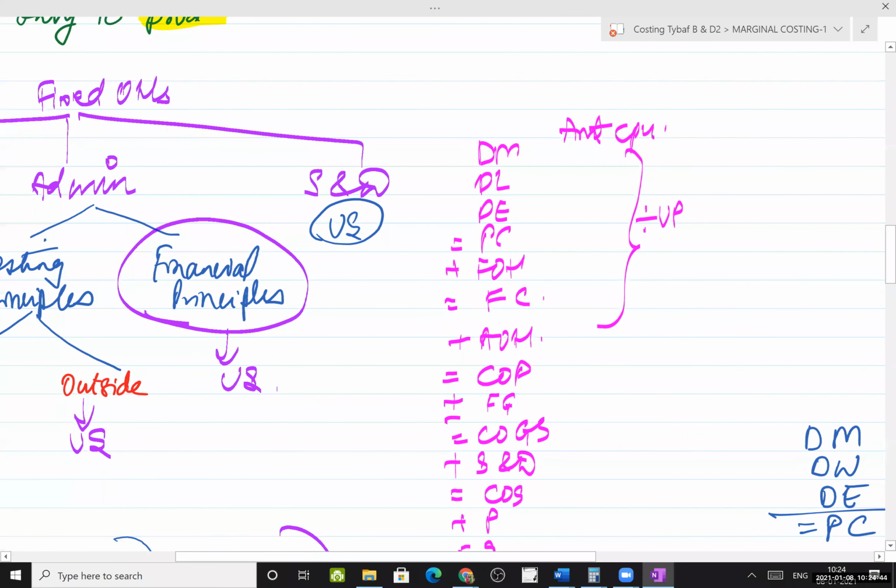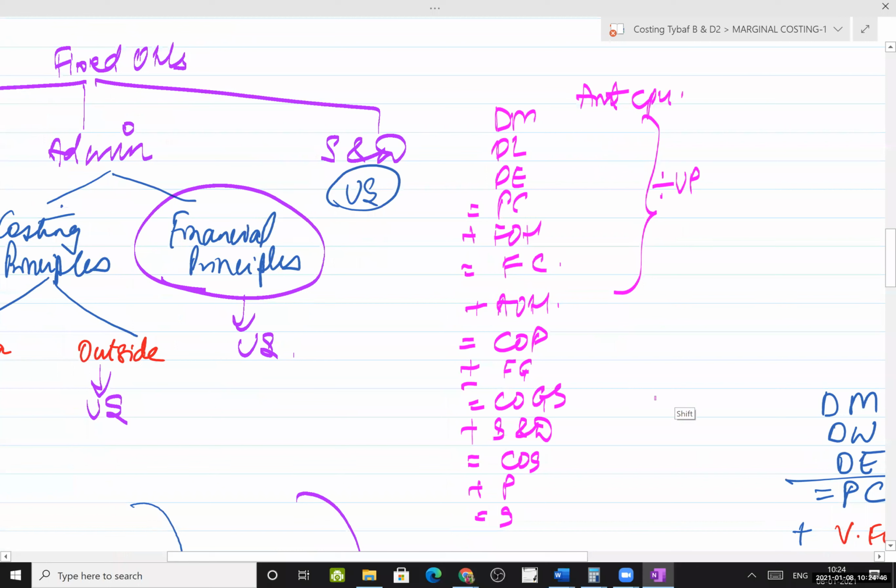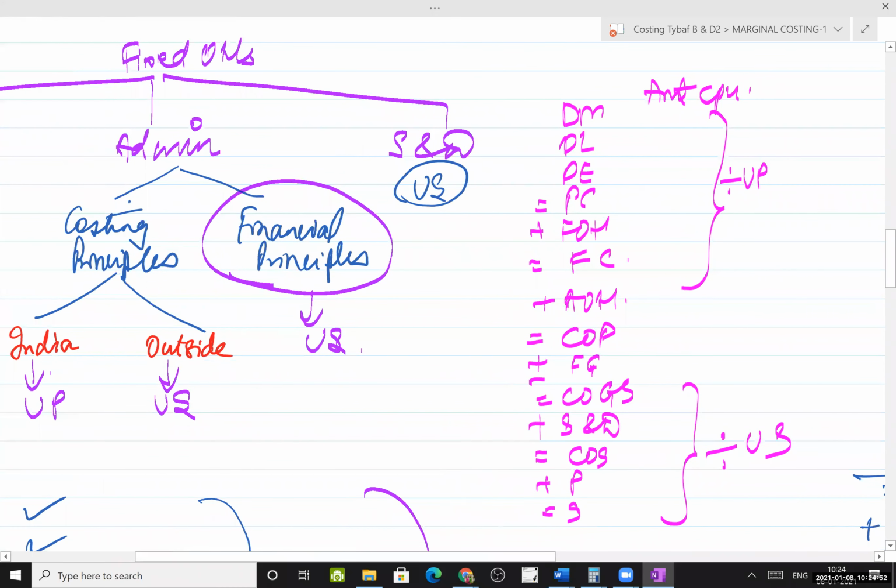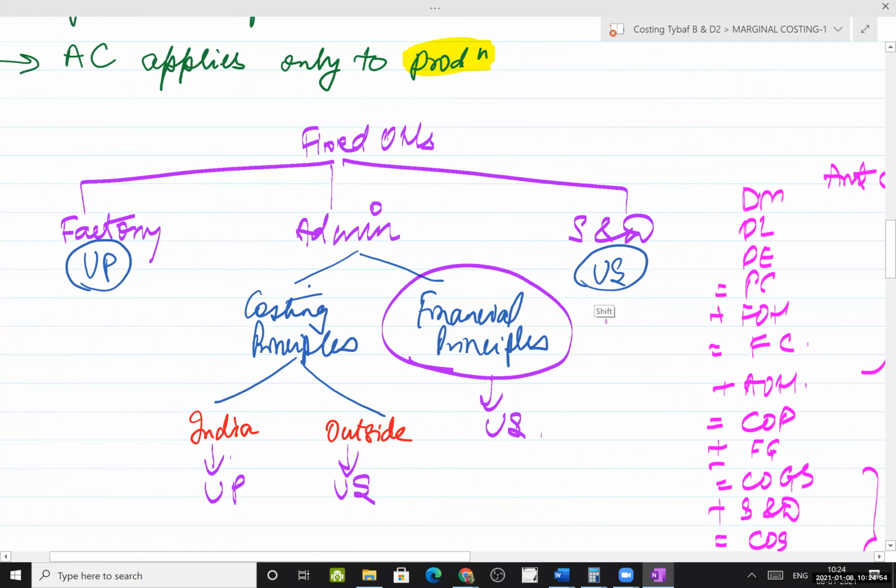This was the thing. From COGS to sales, we divided by units sold. That is what I have written here: units sold. So the basis of selling and distribution is units sold.